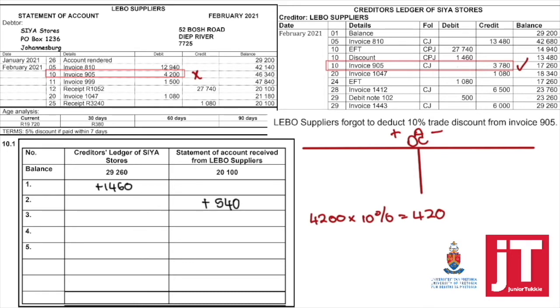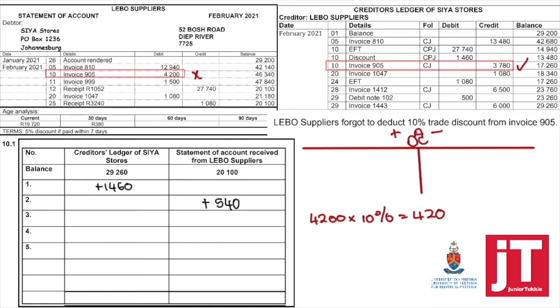So what we need to do here, there's two options. One, we can take 4,200 times 10%. That means they will need to credit our account with 420 because they never showed the trade discount. After the trade discount, how much did we owe?